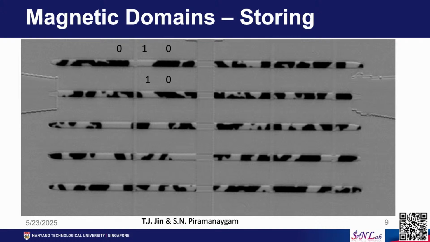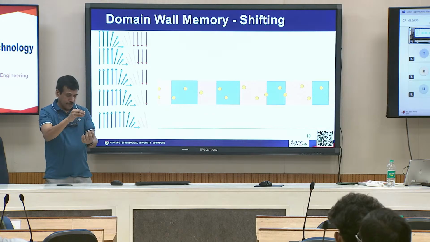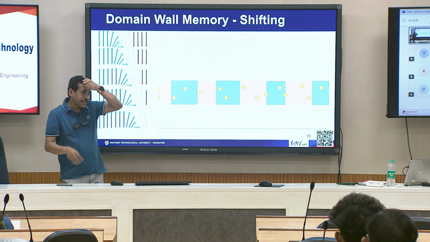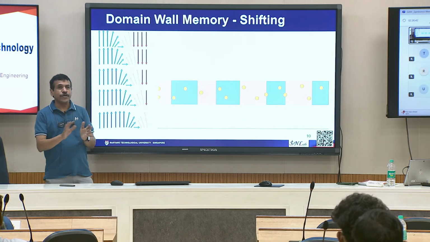That is basically the concept of the domain wall device. In the hard disk drive we learned that the disk is rotating, and an actuator moves the read write head around, so we can read the data from anywhere. But in the domain wall memory device there is no moving part.